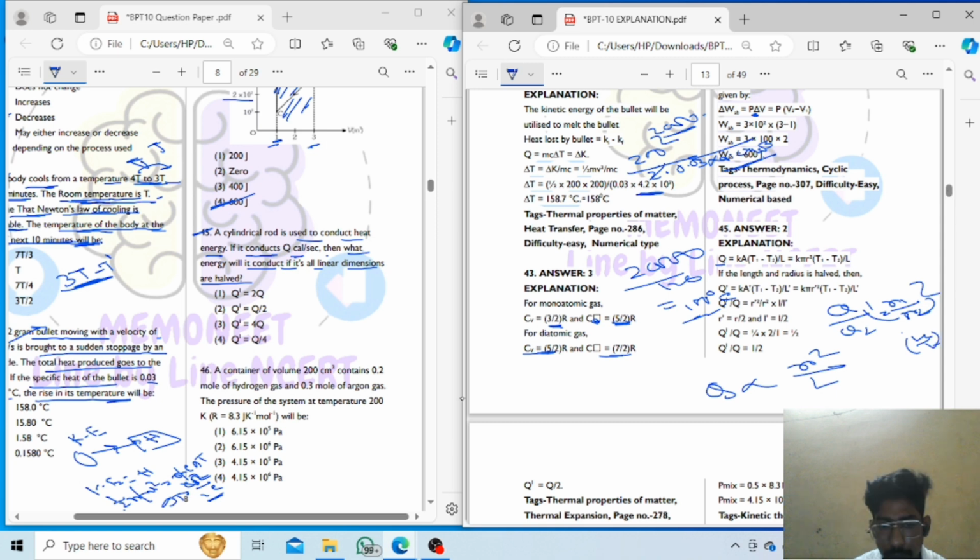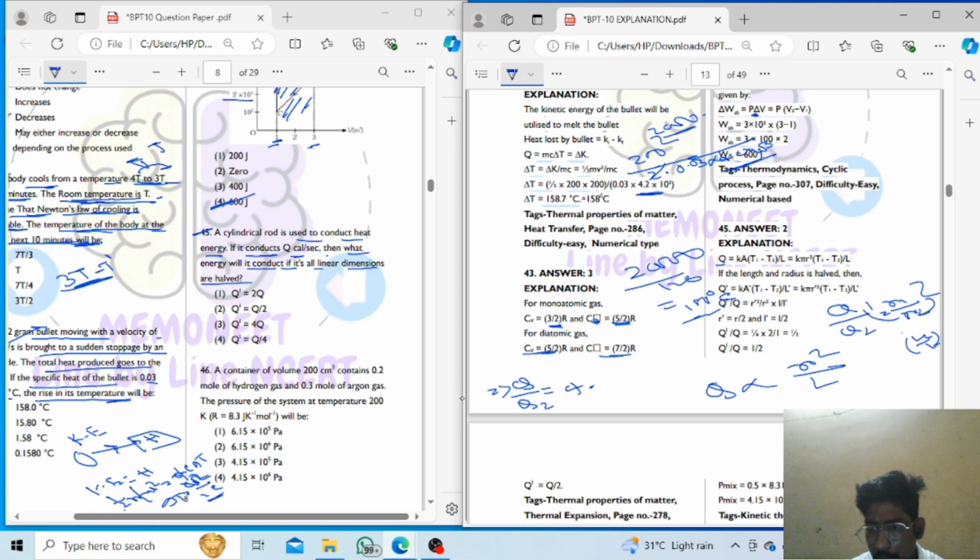Now Q1 is equal to Q, and Q2 is unknown. R1 by R2 means R1 by R1 by 2, so that is 2 square, which means 4. L2 will become half, so L2 by L1 is half, so the whole thing is 2 only.